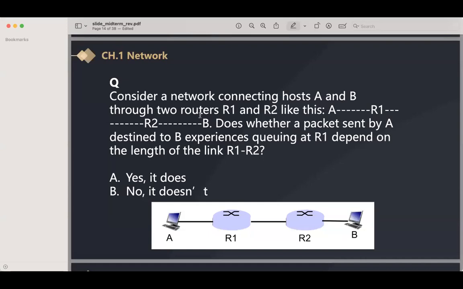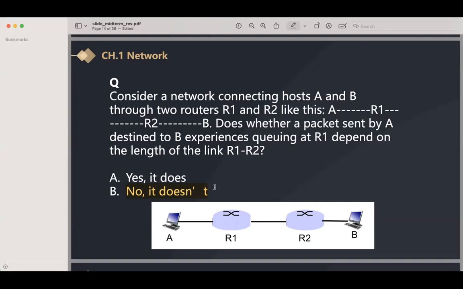This one is about the queuing delay. So what's the answer for this one? We are asking if the queuing delay depends on the physical distance of the connection.